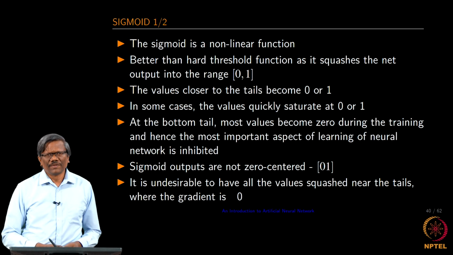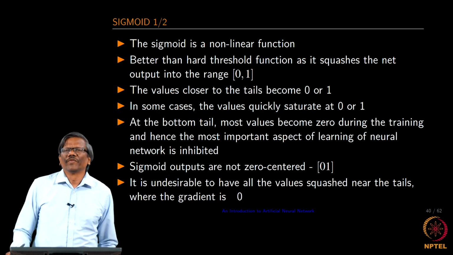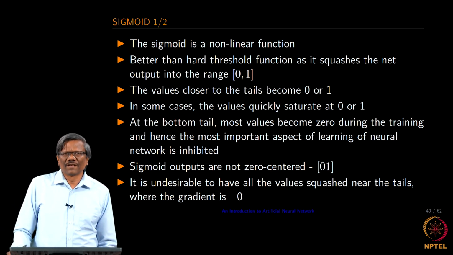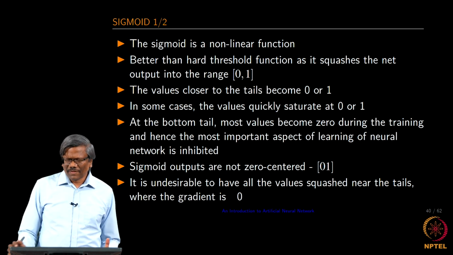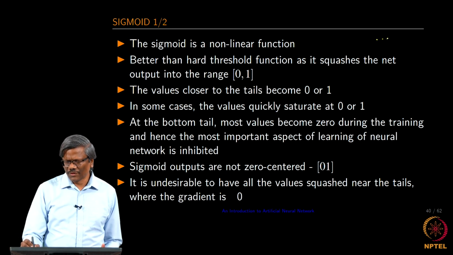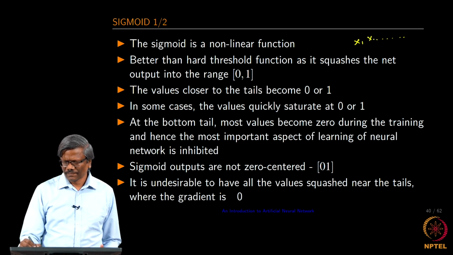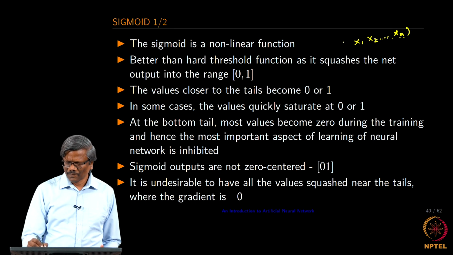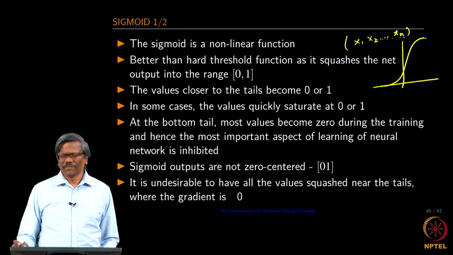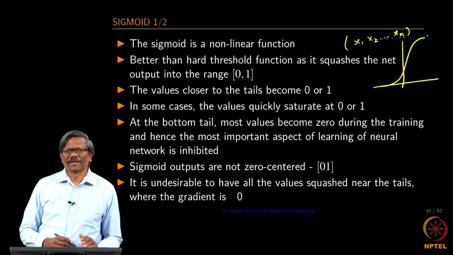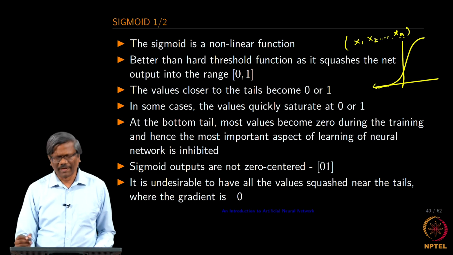We will now get into the very interesting activation function called sigmoid. Sigmoid is a nonlinear function. It converts a set of values that you provide and squashes it into the sigmoidal function as I had shown here in the graph.